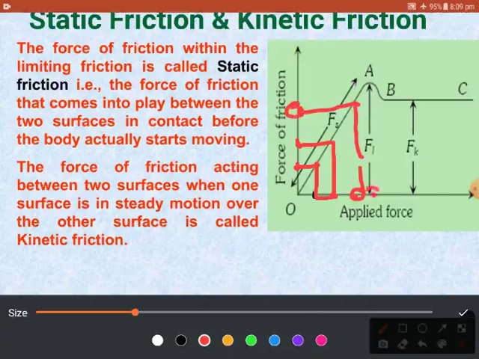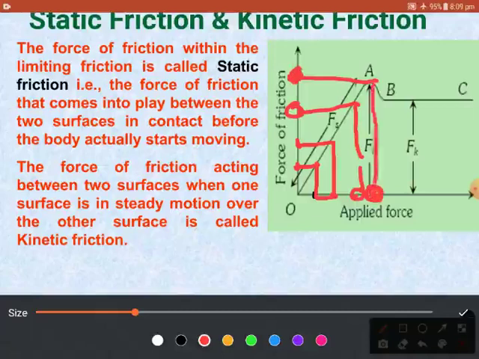At this point, this is the maximum force of friction. This maximum force of friction we call limiting friction, and this maximum static force we call the limiting force of friction, given by FL. This here will be your FL.